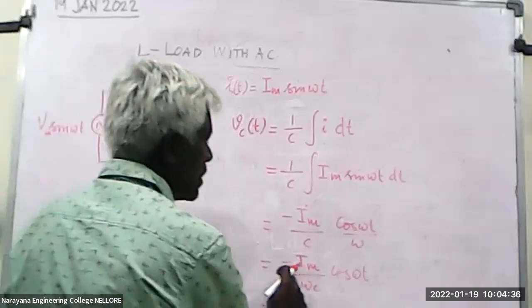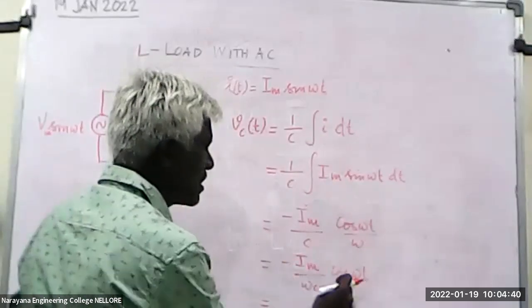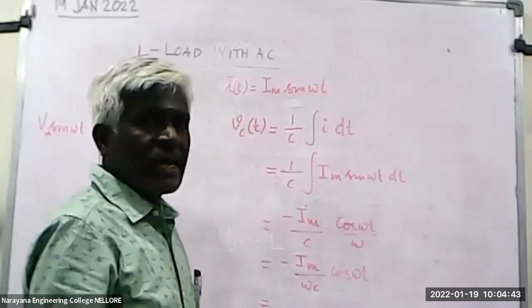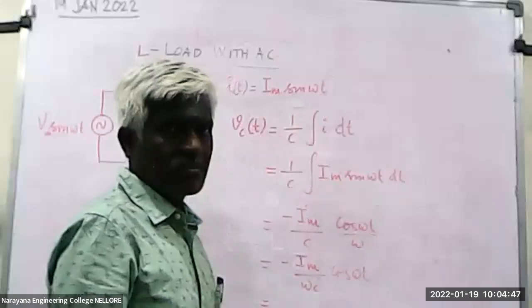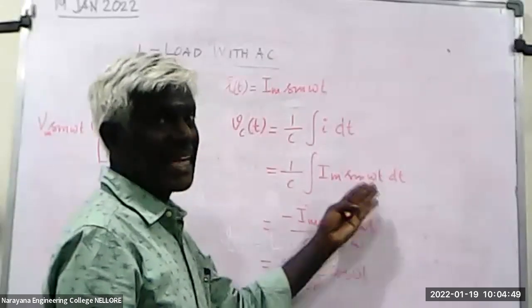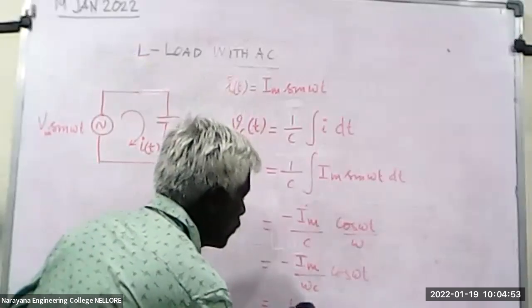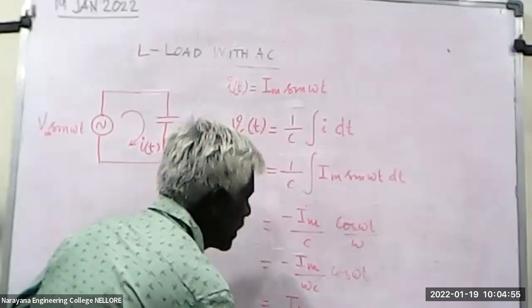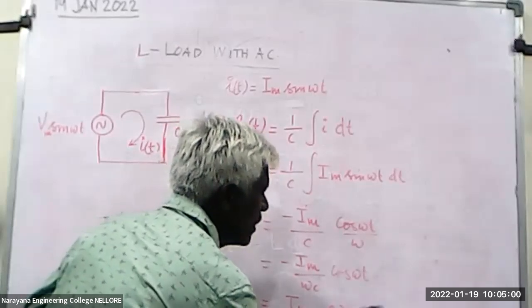So this is minus cos omega t, right? Earlier we got plus cos omega t, here it is minus cos omega t. Earlier, by adding 90, you got cos omega t with sine. Now you have to subtract 90 to get that one. So what you get is Im by omega C, that is sine omega t.